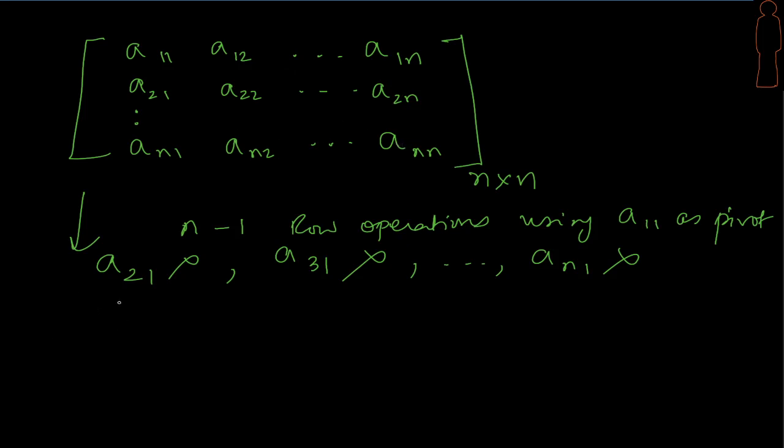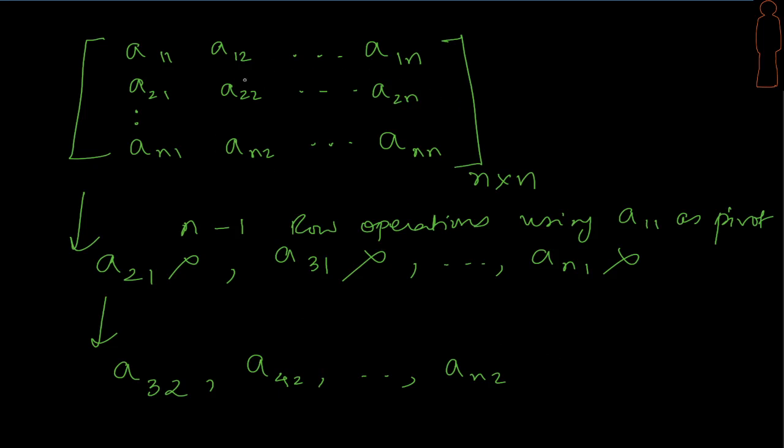And what should be the next level of strategy? We should probably try to eliminate A32, right? Just an element under this, and all these must now disappear, right? So A32, A42 and so on till An2. And how did we do it? How many row operations do we do now?